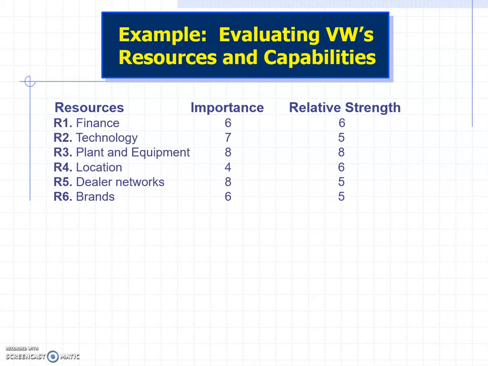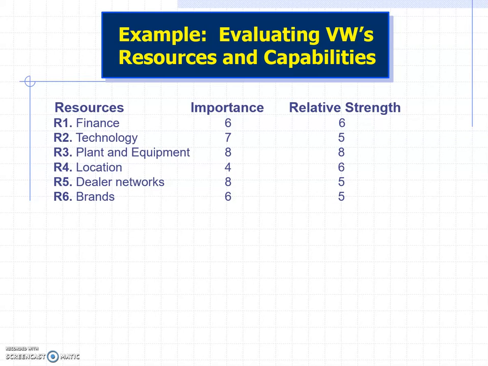So the resources for Volkswagen are finance, technology, plant and equipment, location, dealer networks, and brands. Then we can look at their importance, that is, how important, and we can use a VRIO framework in evaluating their importance on a scale of 1 to 10.